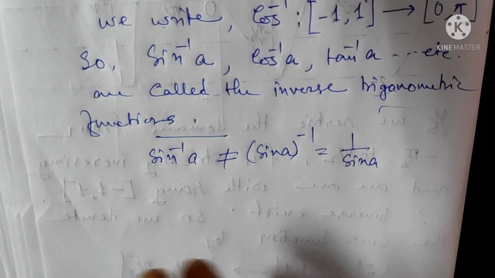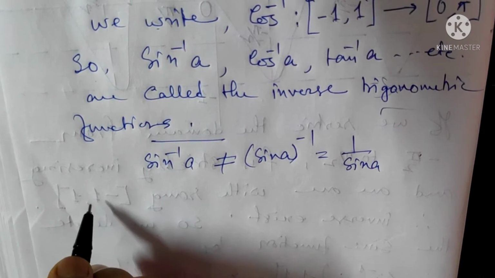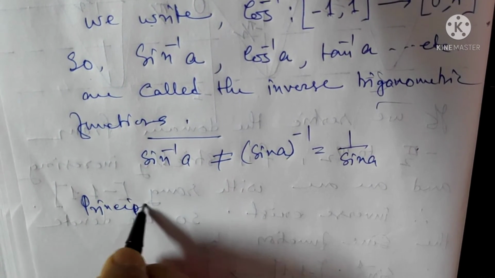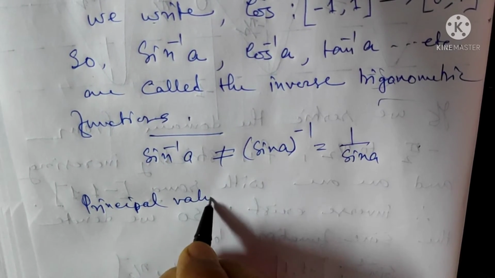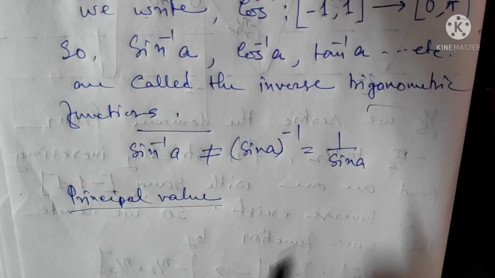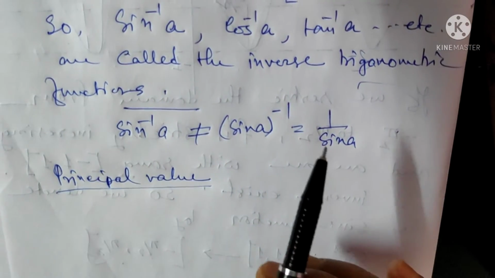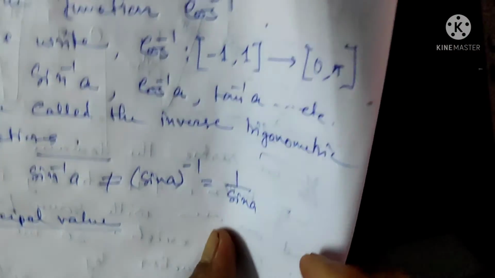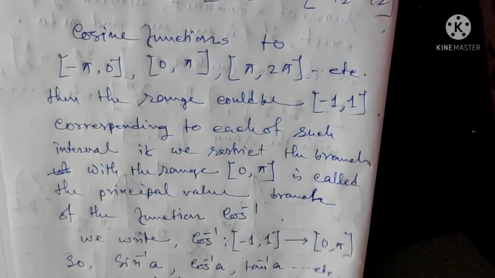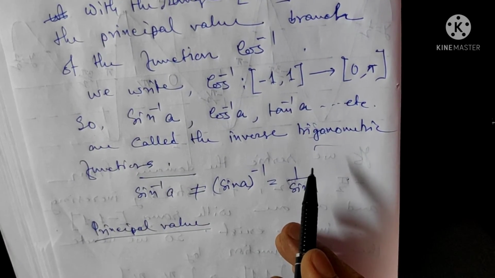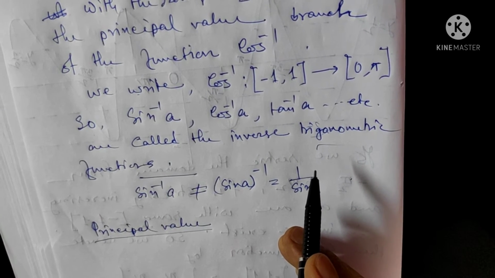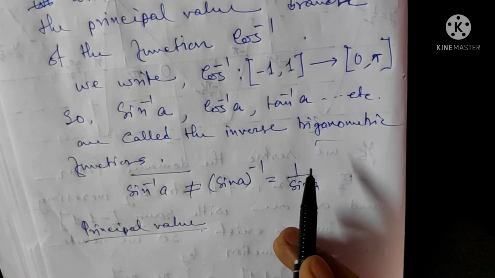Next, principal value. The lowest absolute angle in the range of the trigonometric function, sine or cosine etc., is called the principal value.